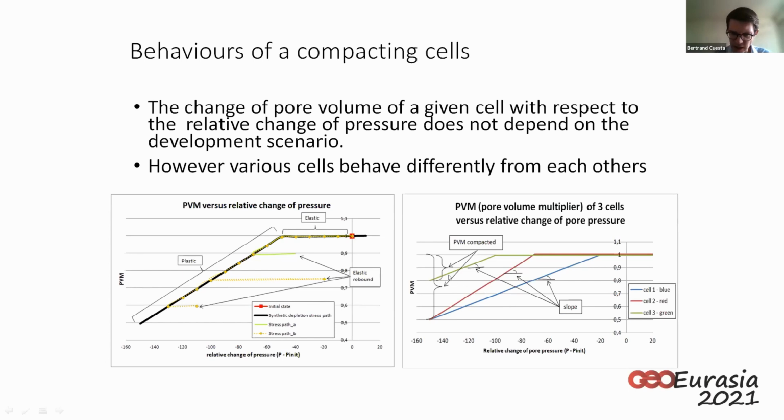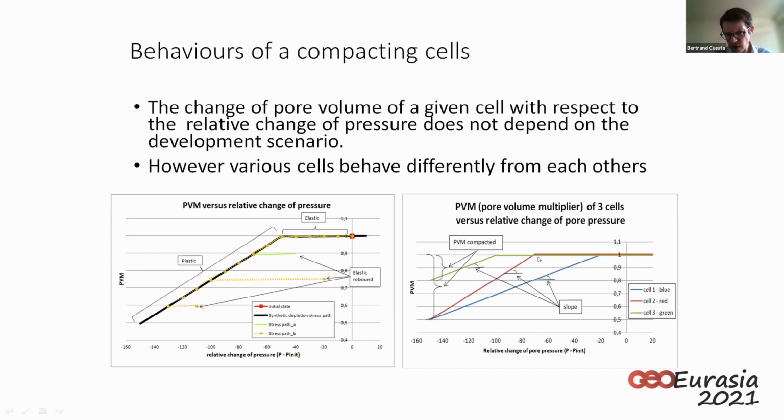However, ultimately, they don't reach the same extent of compaction. So cell 1 in blue will reach 50% of compaction, whereas cell 3 in green will reach only 20% of compaction. This is PVM compact. So that's what differentiates them, it is not the slope, but the amount of compaction, so the PVM compact.